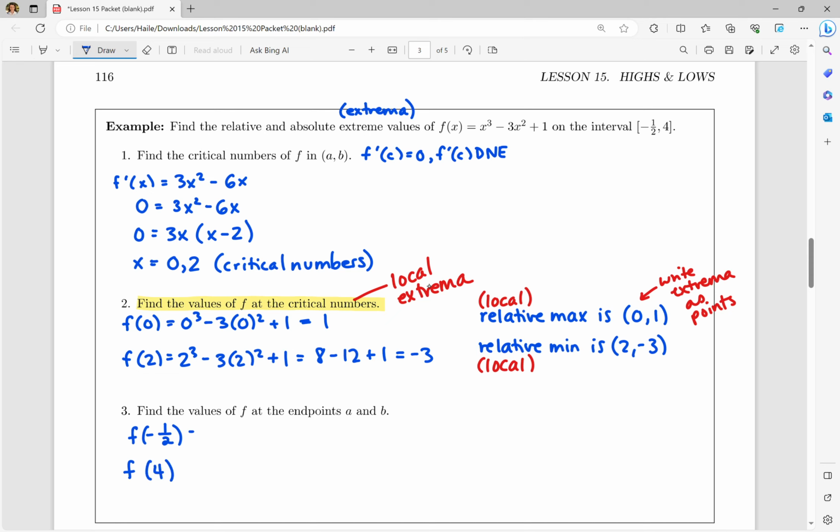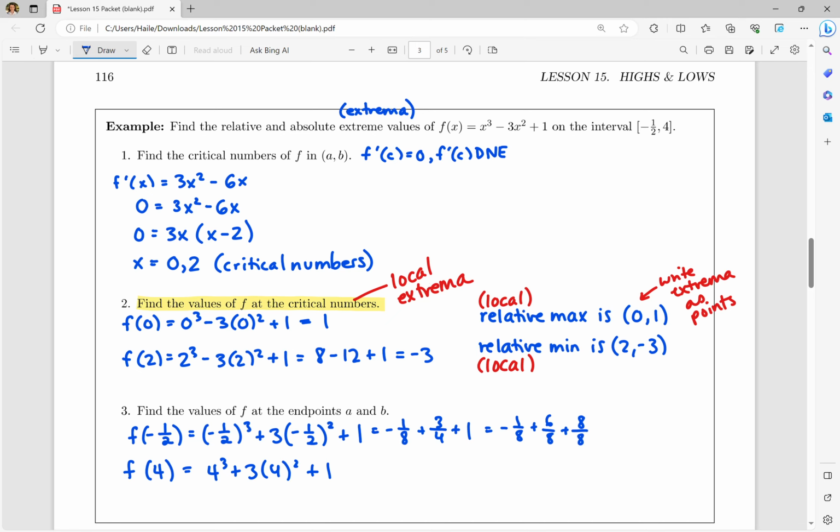f of -1/2 is -1/2 cubed plus 3 times -1/2 squared plus 1. f of 4 is 4 cubed plus 3 times 4 squared plus 1. For the first one, we have -1/8 plus 3 over 4 plus 1, so that's -1/8 plus 6 over 8 plus 8 over 8.